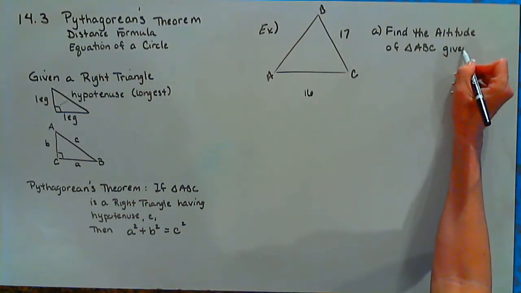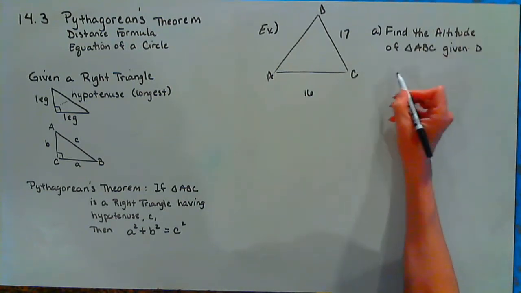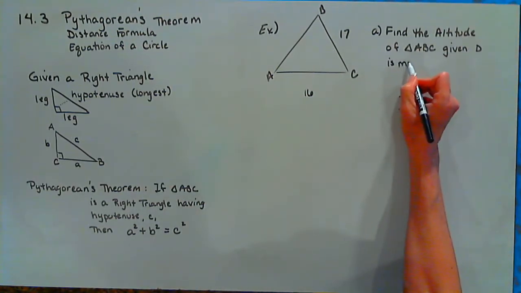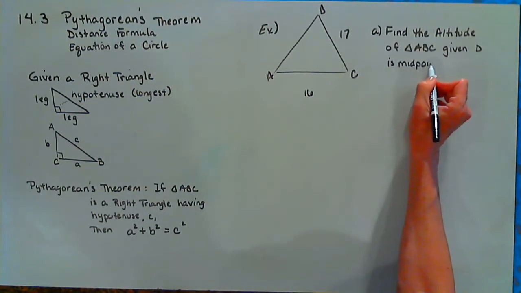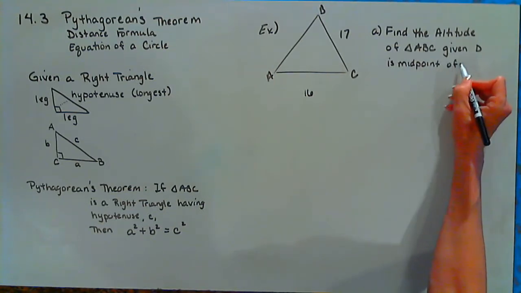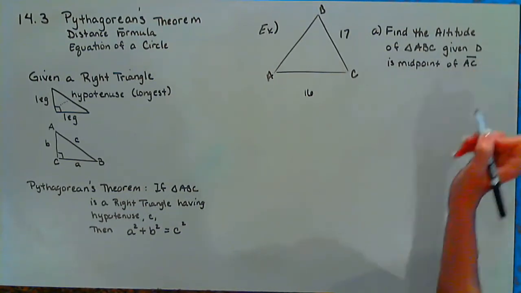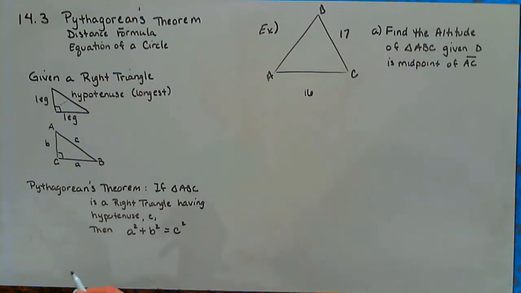Given that point D is the midpoint of line segment AC. So I'm going to put in the altitude there. Now my drawing's a little off, but I'm going to estimate.